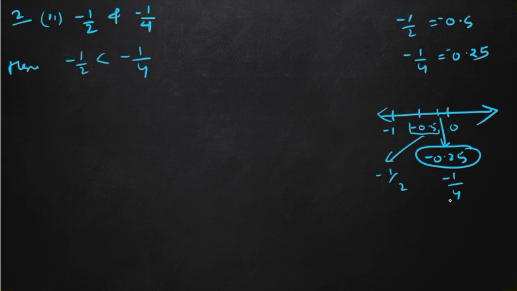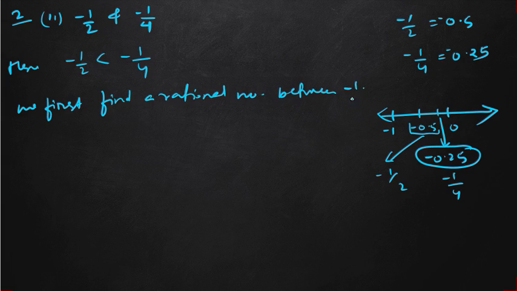We will find the first rational number, then the second, then again we can find the third. So we first find a rational number between minus 1 by 2 and minus 1 by 4. Okay, so this is our rough part.